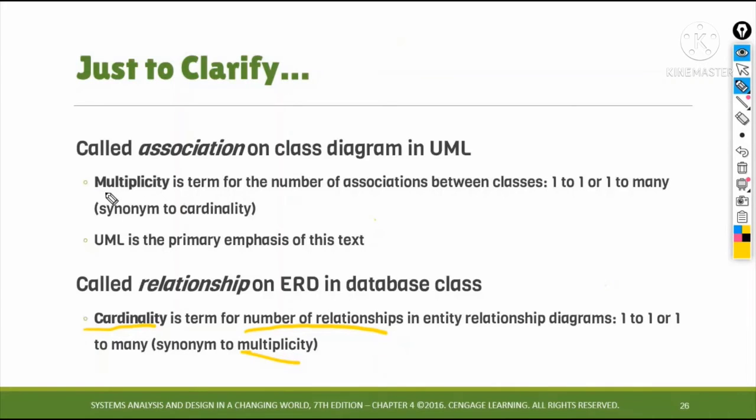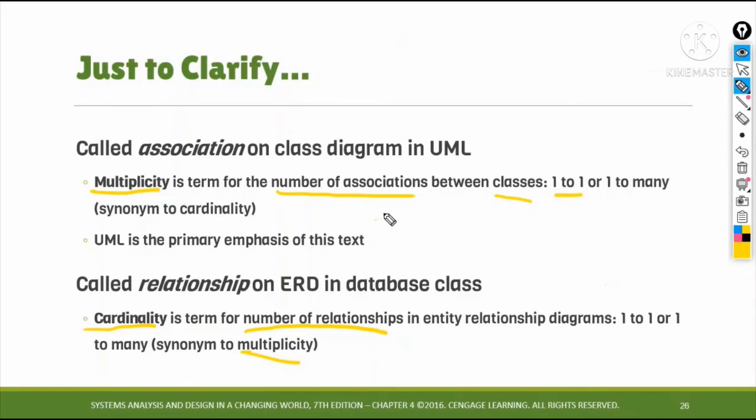The term multiplicity is for the number of associations between classes. So for example, one-to-one or one-to-many. It is used in UML and should be used when discussing UML models.